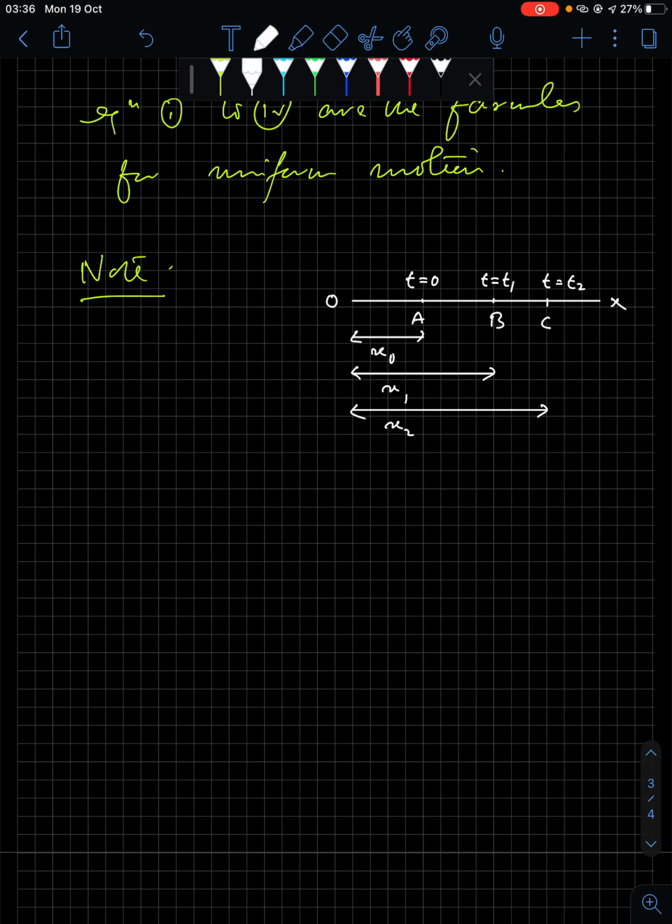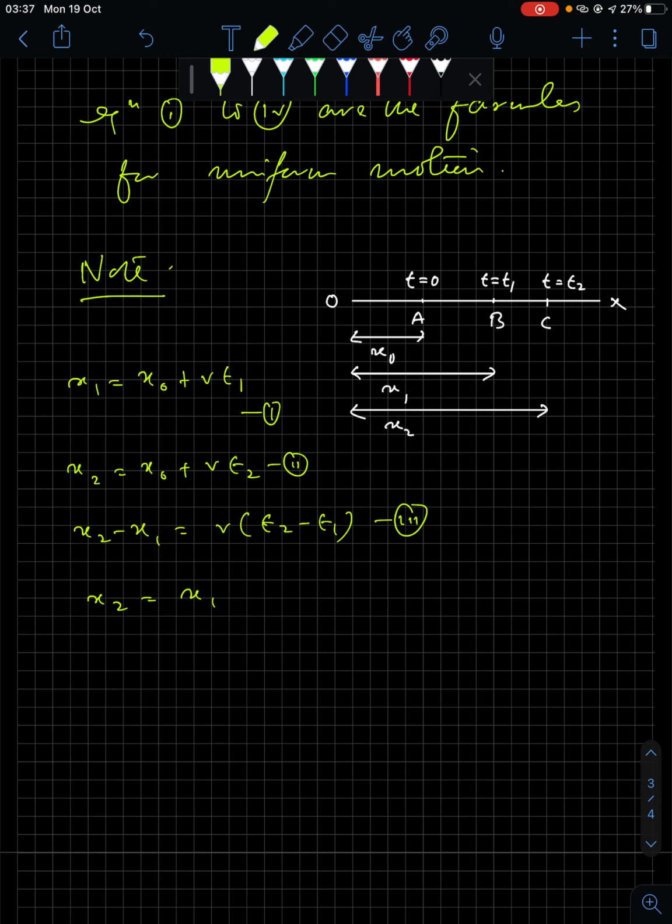What were the equations of motion that we have figured out so far? I'll rewrite them for your convenience. x1 equals x0 plus vt1, that was number 1. x2 equals x0 plus vt2, that was equation number 2. x2 minus x1 equals v(t2 minus t1), that was equation number 3. And x2 equals x1 plus v(t2 minus t1), that was equation number 4.